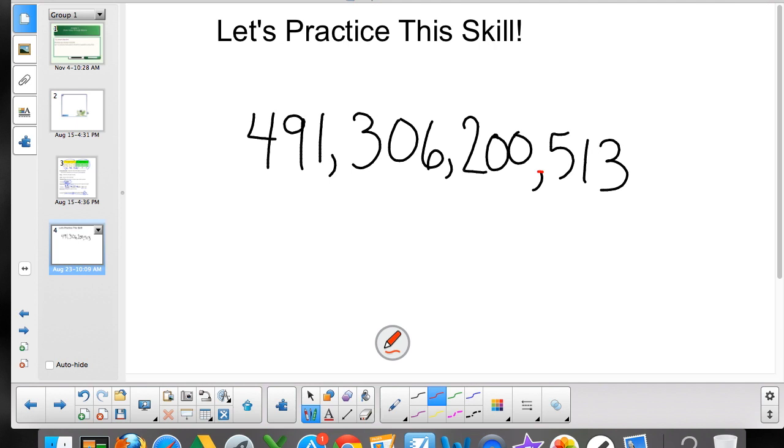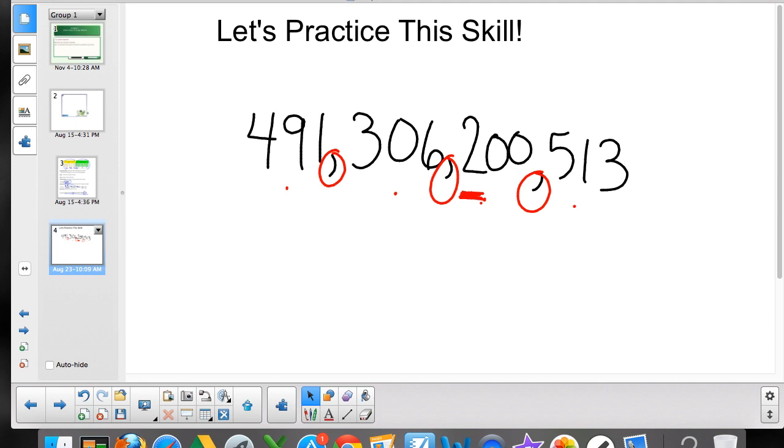We have 1 comma separating the hundreds and the thousands period, another comma separating the thousands and the millions period, and then another comma, which can get rather confusing. But we're only looking at this 2. We want to know what place that 2 is in.